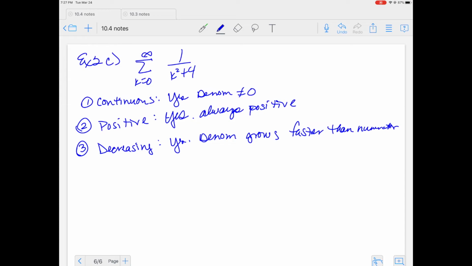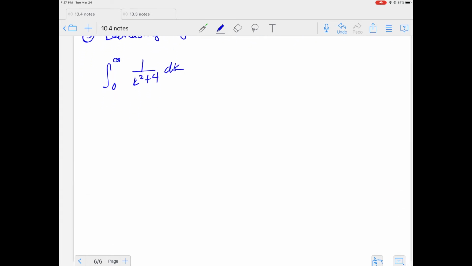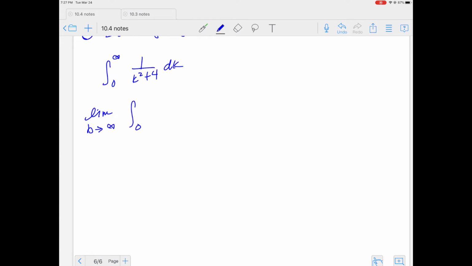Now I'm going to integrate from 0 to infinity of 1 over k squared plus 4 dk. We take our limit as b approaches infinity from 0 to b of 1 over k squared plus 4 dk.